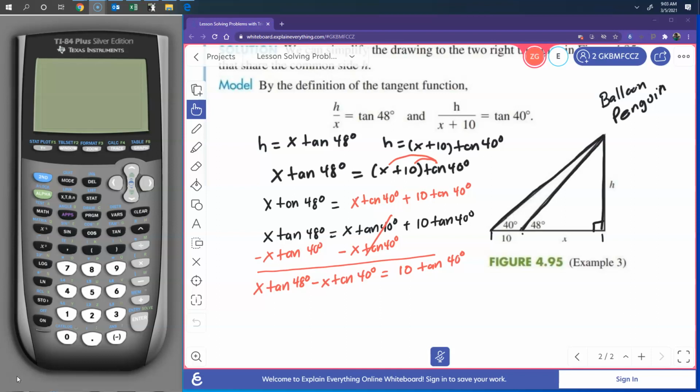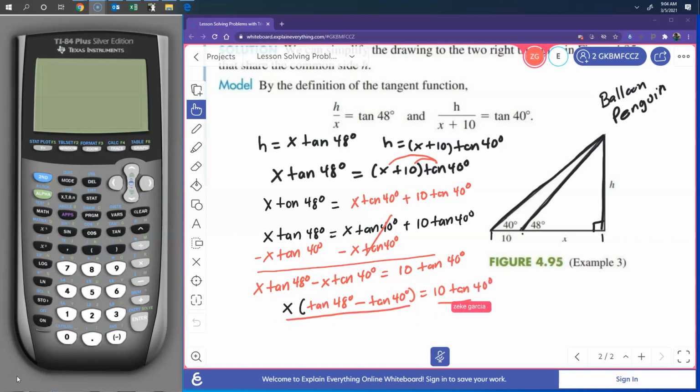Now, if you look at the left-hand side, you notice that there is an x in common. So we're going to factor the x. So what are you left with? You're left with tangent of 48 degrees minus tangent of 40 degrees is equal to 10 tangent of 40 degrees.